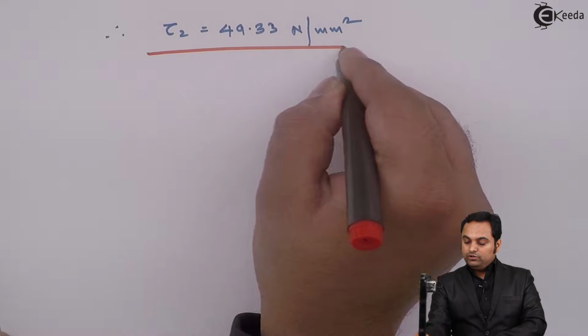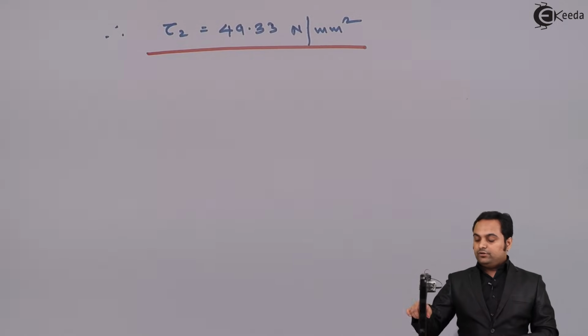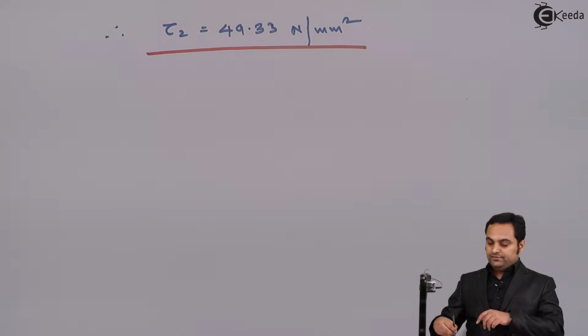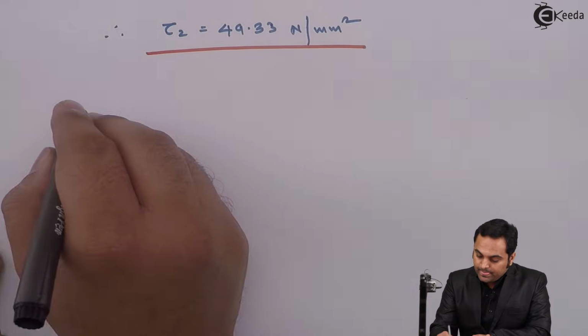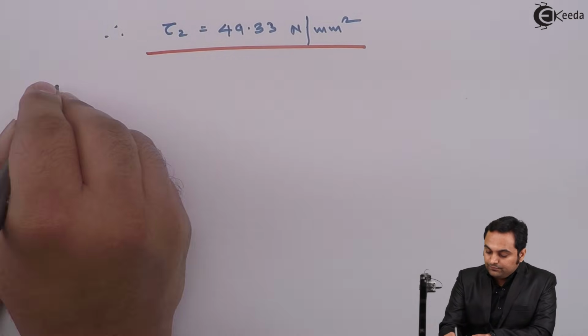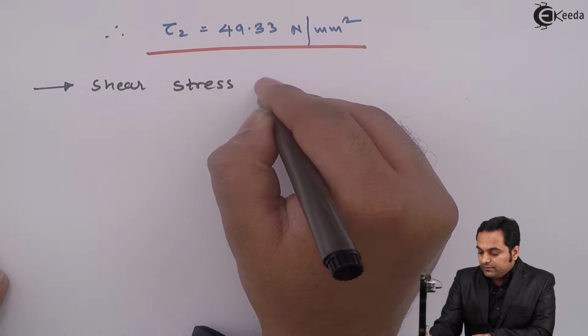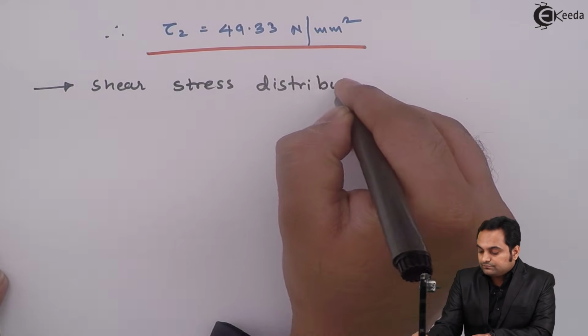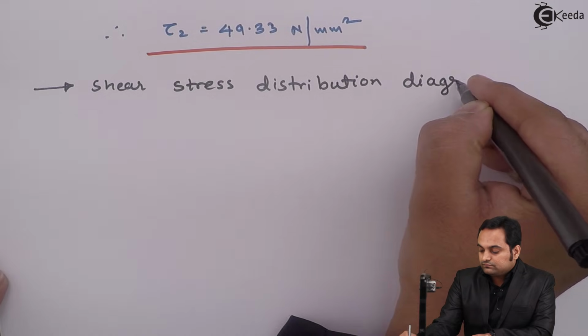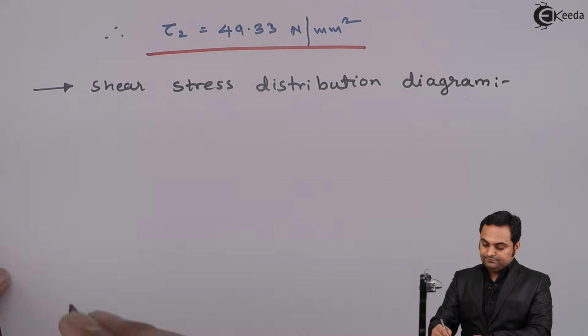Now once we have got all the values, we can draw the stress distribution diagram as it is asked in the question. So here I'll write down shear stress distribution diagram.